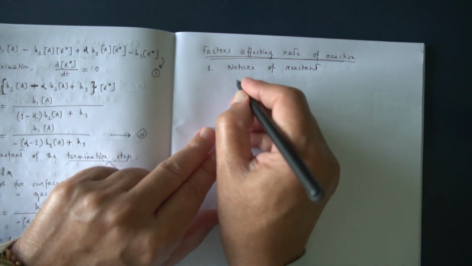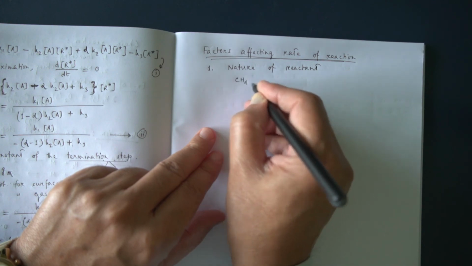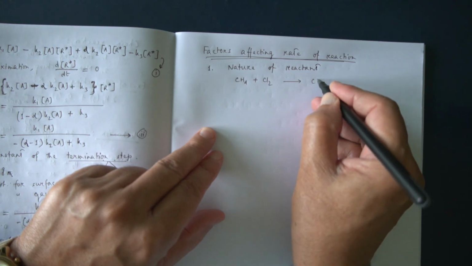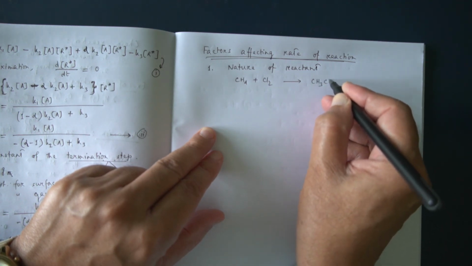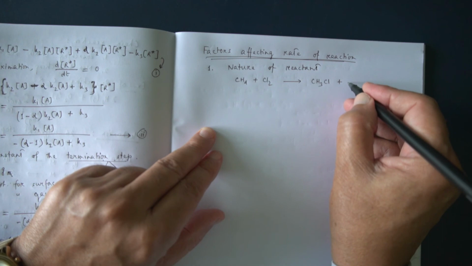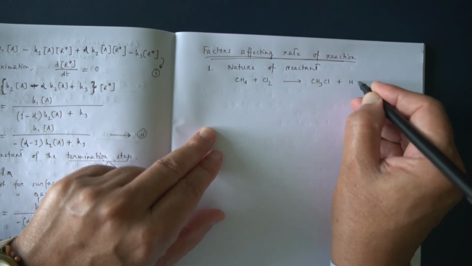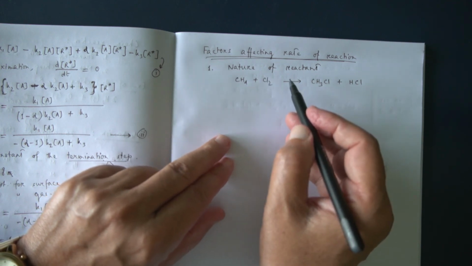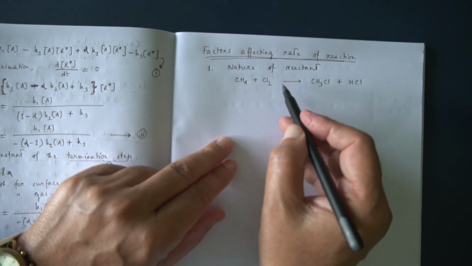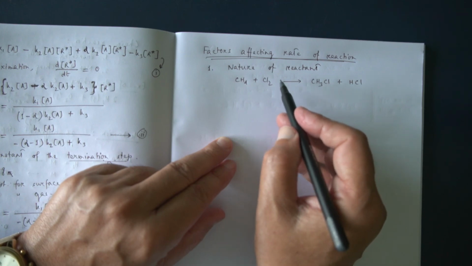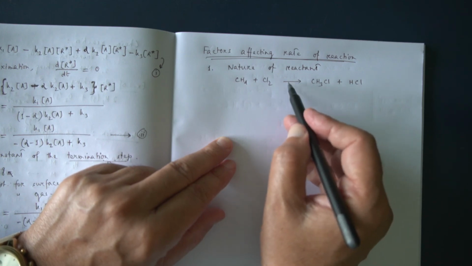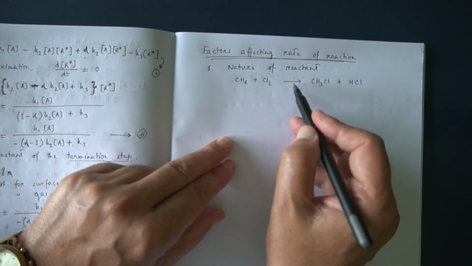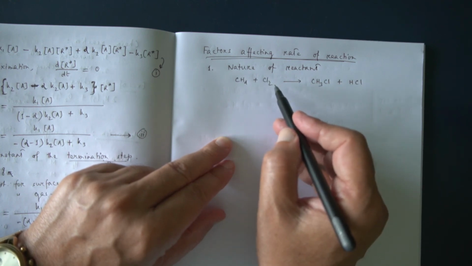For example, let us see this example. Say this reaction, chlorine. Okay, you may get this. This reaction takes place even in diffused light. Diffused light means not direct sunlight, but say inside the room. Inside the room, you don't get direct sunlight.